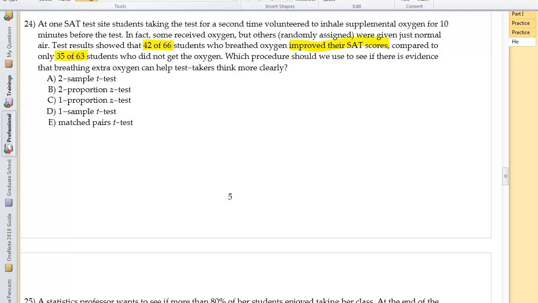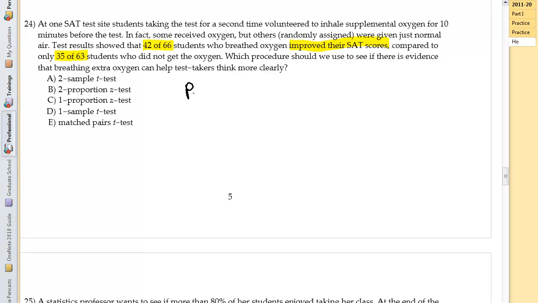And so what's going on here is you have the p-hat of oxygen equal to 42 out of 66 successes versus samples. And our p-hat of air is going to be 35 out of 63, right?